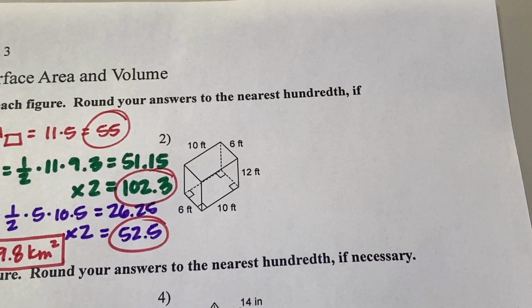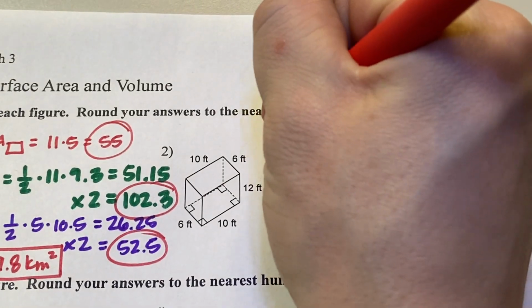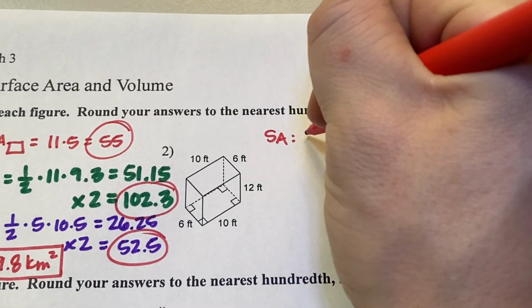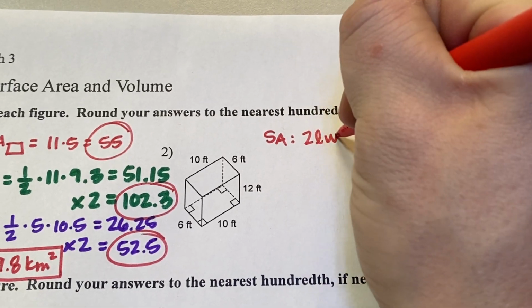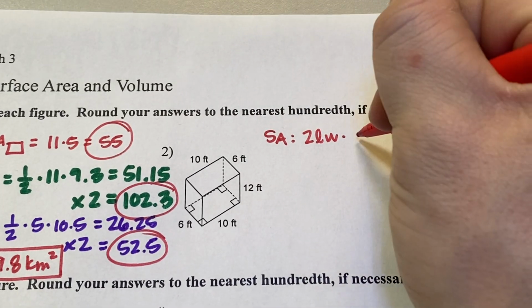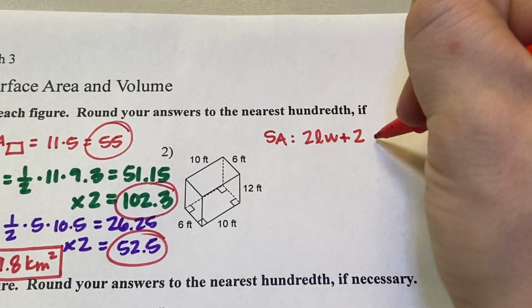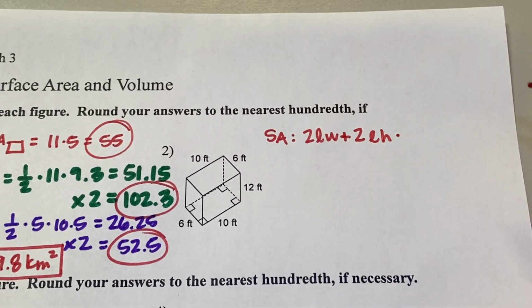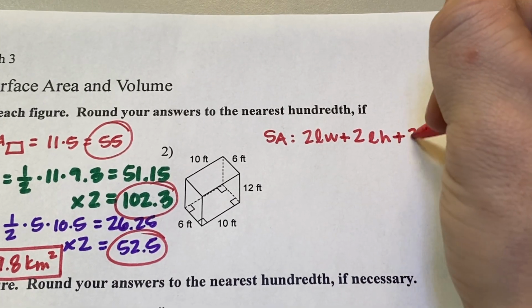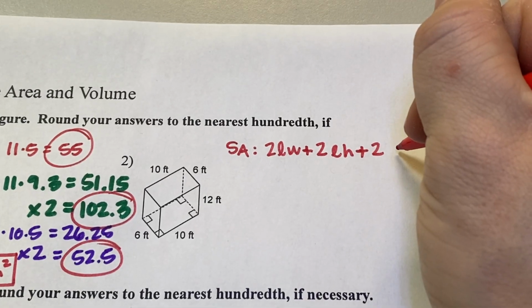Okay, now on your assignment and on your test, you're going to see a formula. You've already practiced it a couple times. Okay, and it says that the surface area is 2 times length times width plus 2 times length times height plus 2 times, what do I have?